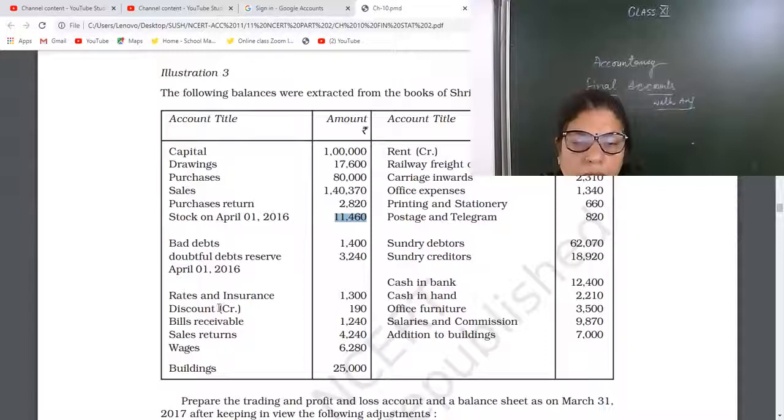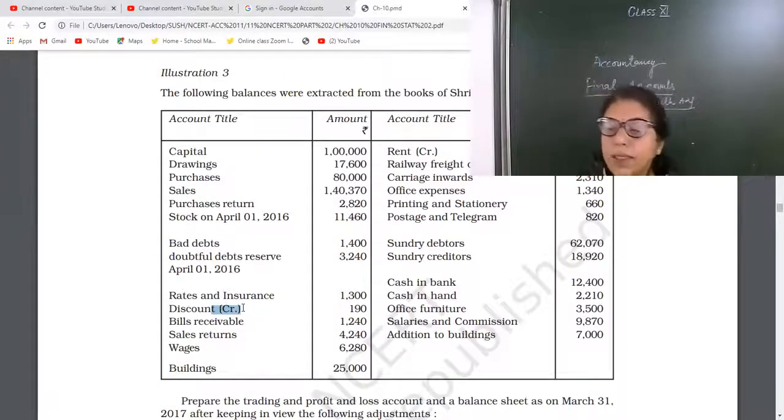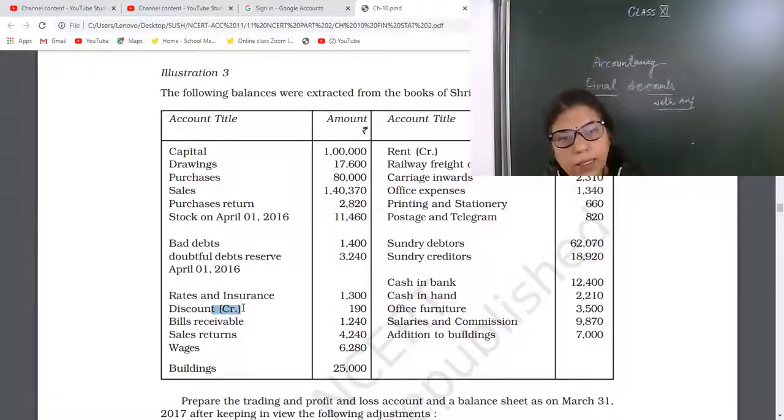Now see, this is the confusion point for you. Discount: if nothing is given, we have to show it in debit. But if it is clearly given that it is credit, it means it is to be transferred to the credit side of P&L account. Good.